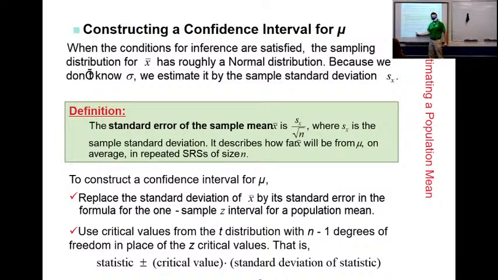Now instead of a z-score, we're using a t-score, times the standard deviation formula. Instead of square root of pq over n, now we're using standard deviation divided by square root of n, which is our standard deviation formula for means. We learned that last chapter. So the only difference is that now we're using all the formulas and conditions and all that stuff for means, and we're using t-score instead of z-score.